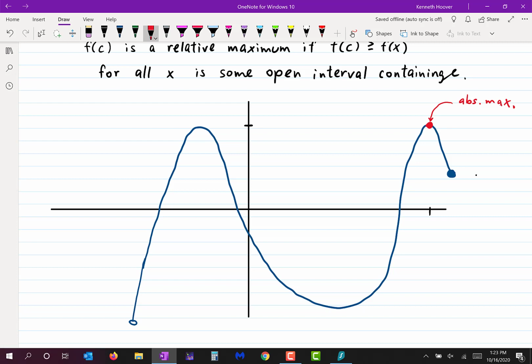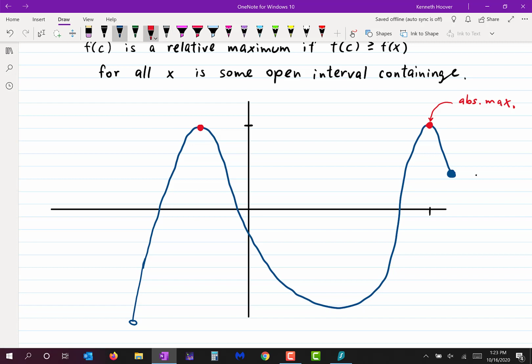Now, look at this point. It's at the top of a hill, right? It's like a maximum, isn't it? But it's not as high as the absolute maximum, so it is not an absolute maximum. But it is the highest point in its area. What do I mean by that exactly?